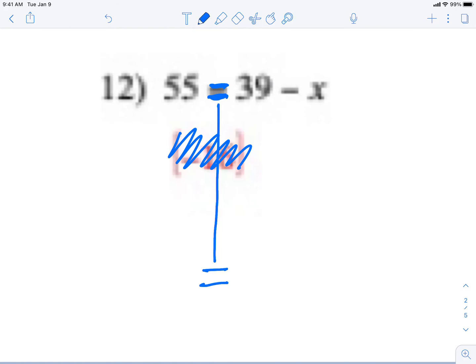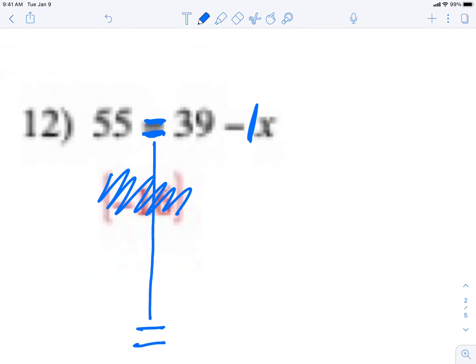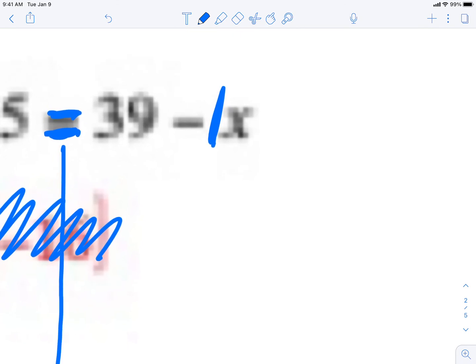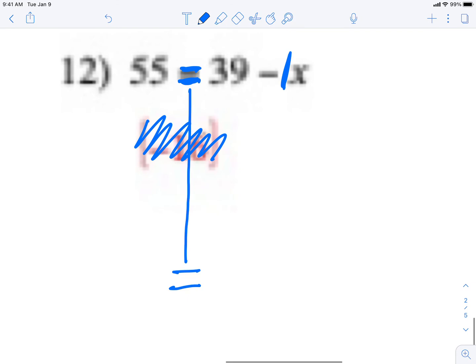Right? It's a 1. Now, I'm drawing that 1 here because, look, there's a minus sign in front of that x. So that means negative 1. So we have to do one more step on this one. So first I'm going to cross over. I'm going to bring over 39. That doesn't change. So 55 minus 39 is 16.